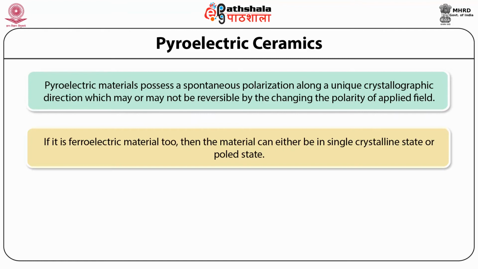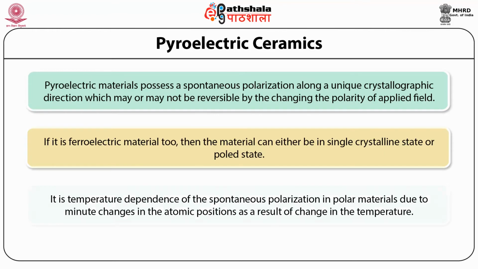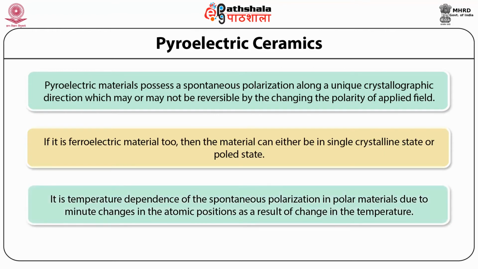Pyroelectricity in itself is the ability of materials to generate a voltage when they are heated or cooled. It is the temperature dependence of the spontaneous polarization in polar materials, due to minute changes in the atomic positions as a result of change in temperature.